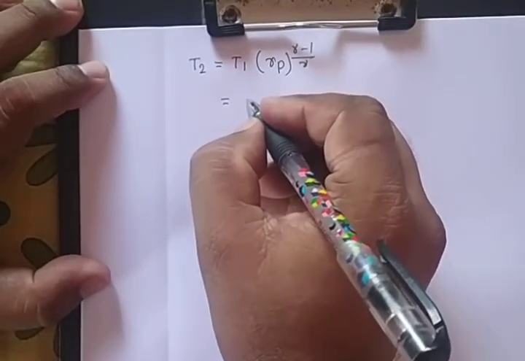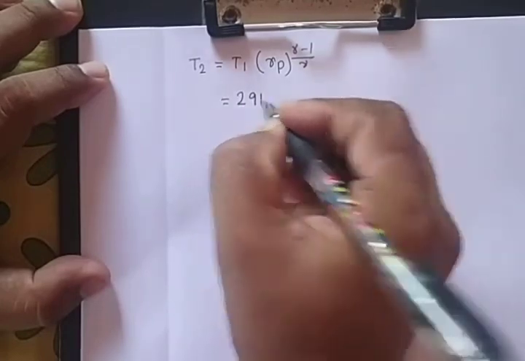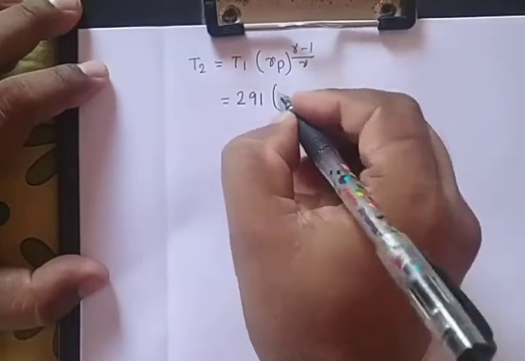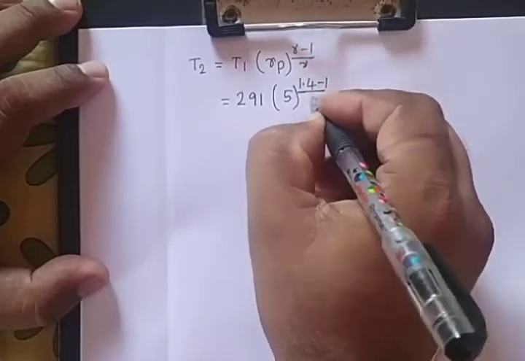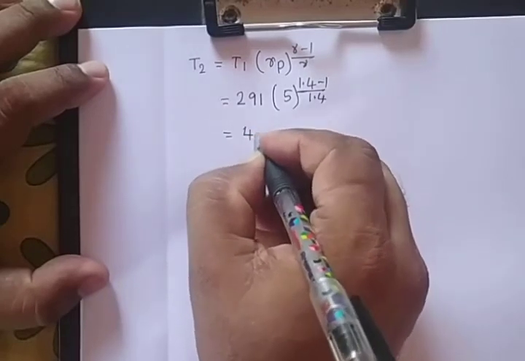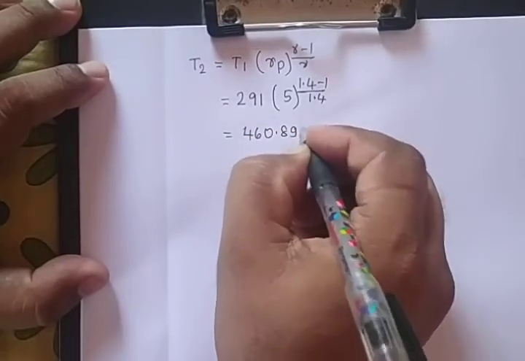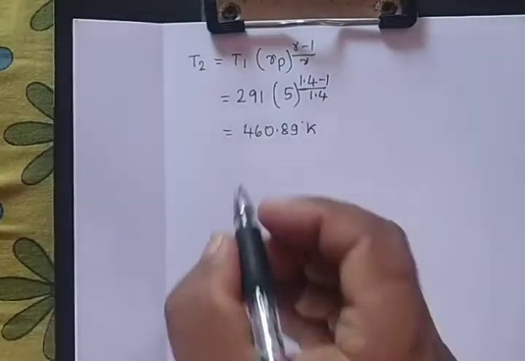So 18 plus 273 becomes 291 into bracket Rp is 5 whole raised to 1.4 minus 1 divided by 1.4. So you'll get the value of T2, that is 460.89 degrees centigrade.